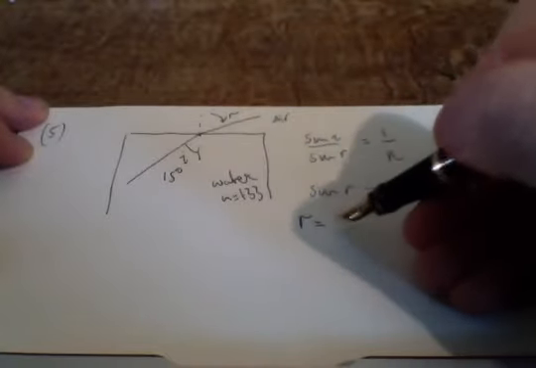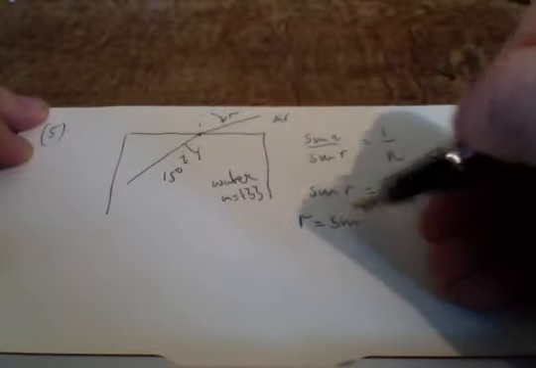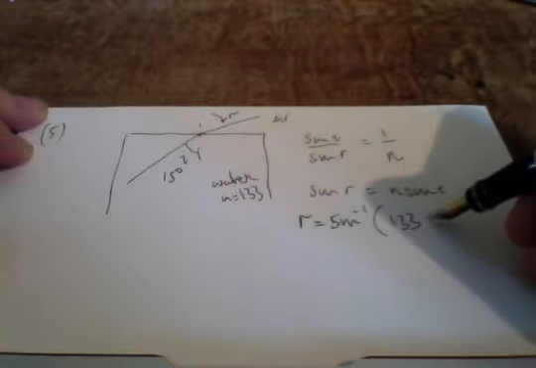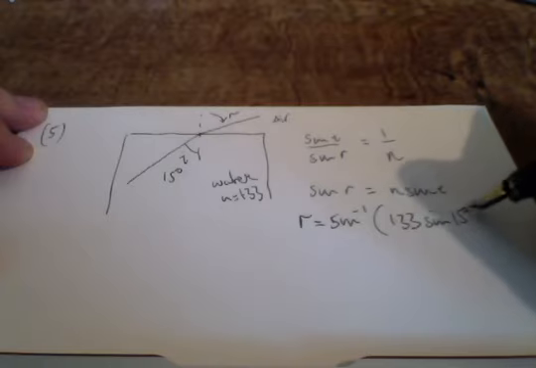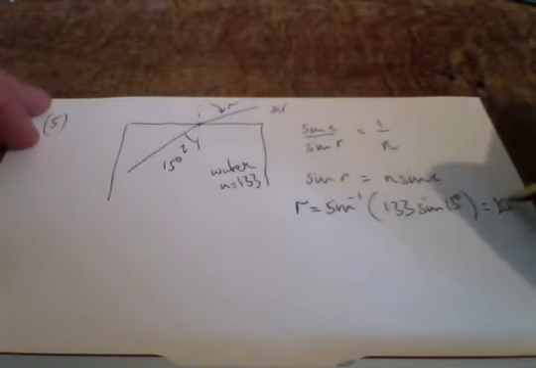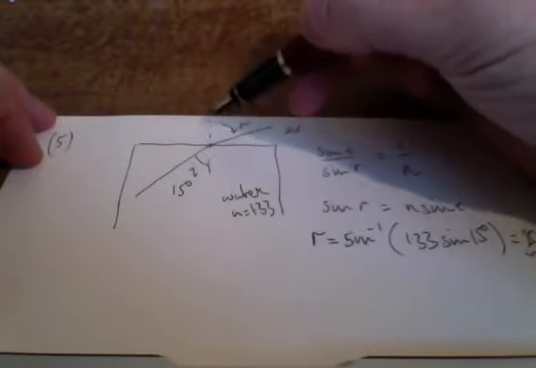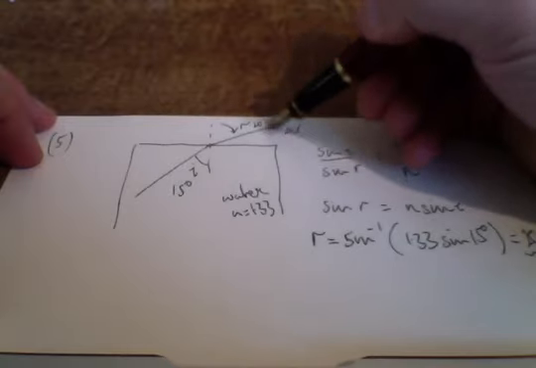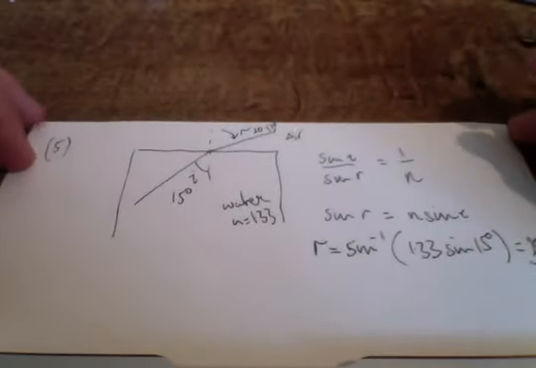So r is inverse sine of 1.33 times sine 15 degrees. And that gives us an angle of 20.13 degrees. And that makes sense because you're going to be bending away from the normal. The angle is greater, so this is 20.13 degrees. Fantastic. Right.